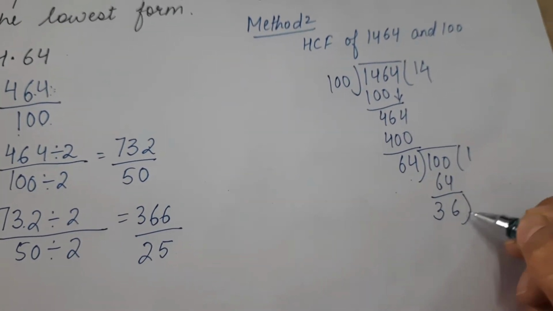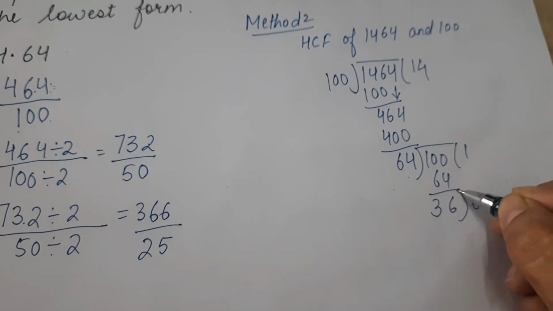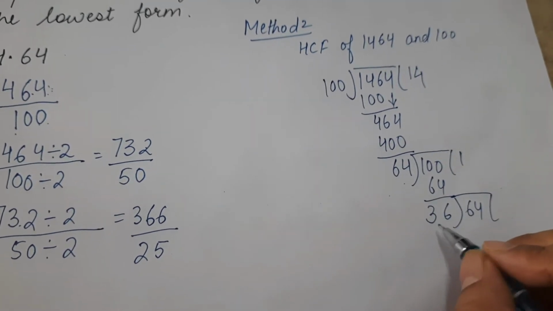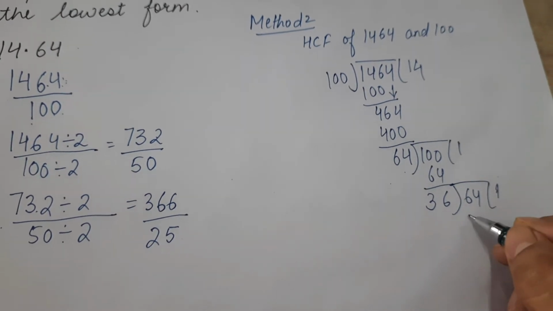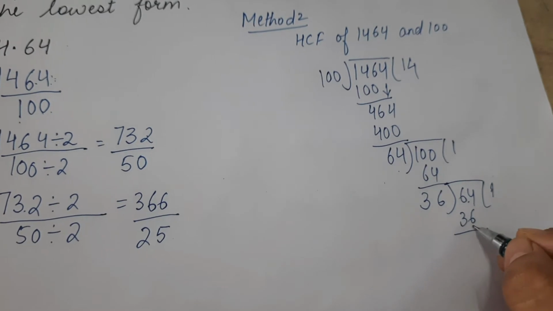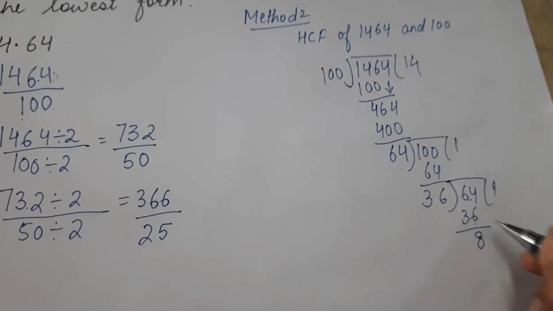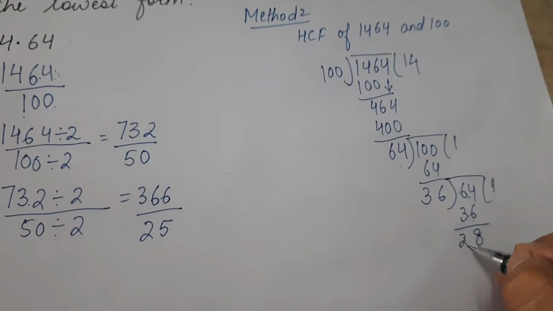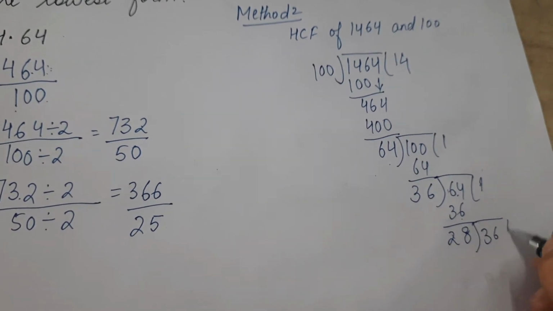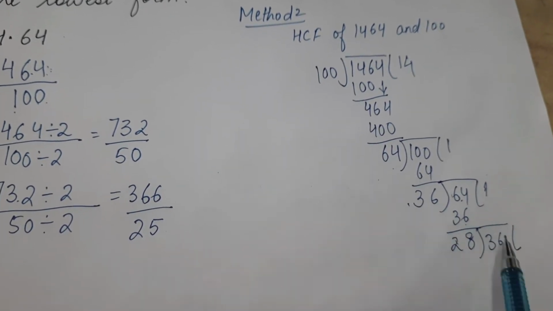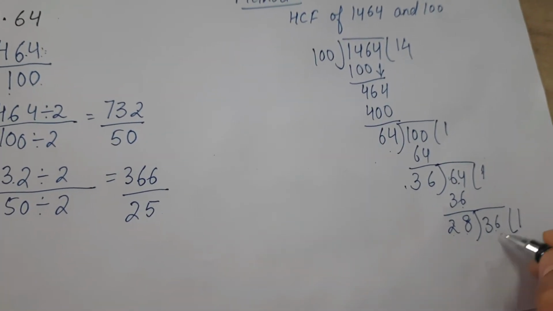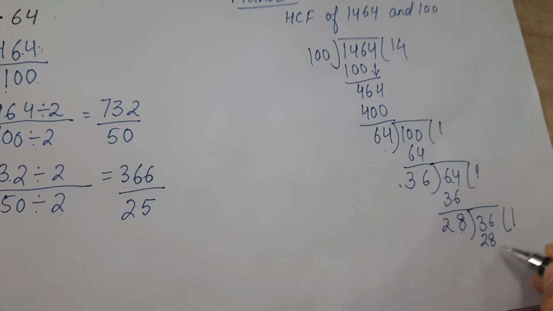Now divide 64 by 36. Our last divisor will become our dividend and remainder will become our divisor. So 36 ones are 36. Now subtract it, 14 minus 6 is 8 and 5 minus 3 is 2. Divide 36 by 28. Our last divisor will become our dividend and remainder will become our divisor. 28 ones are 28.